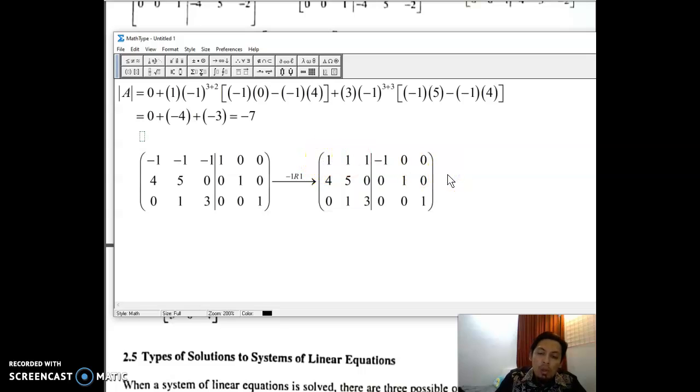Basically we are going to subtract from R2 the R1 that has been multiplied by 4. So later it will be 4 minus 4, 0. So 4 R1.